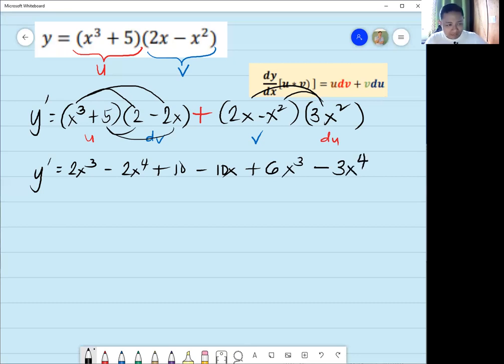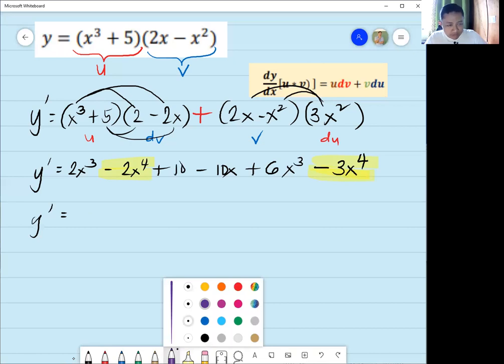And after that, let me just combine like terms. So I have here, let me see from the highest degree. We have here this. So we will combine them. That will become negative 2 plus 3, negative 5. Negative 5. Change color ko para cute. Let me change it to orange na lang.